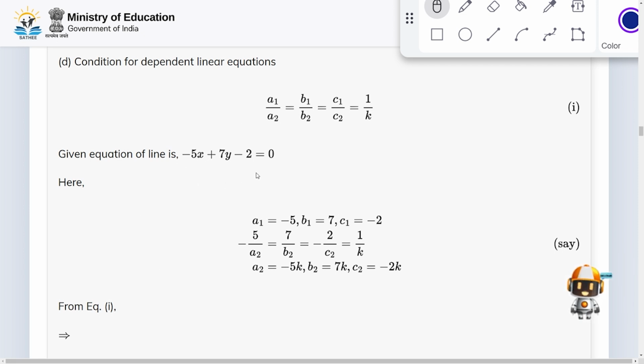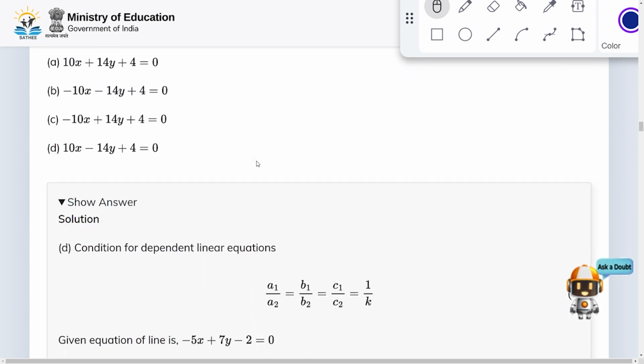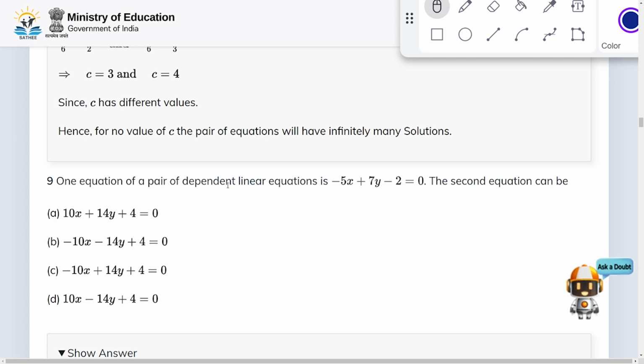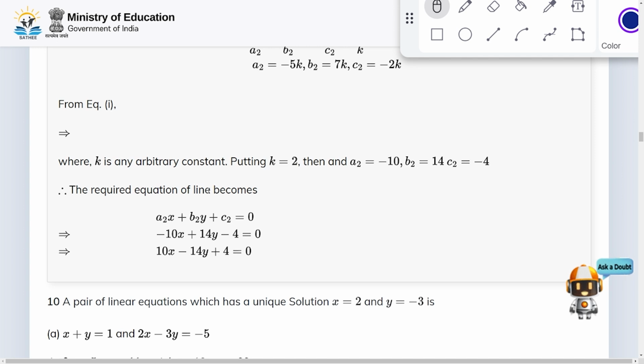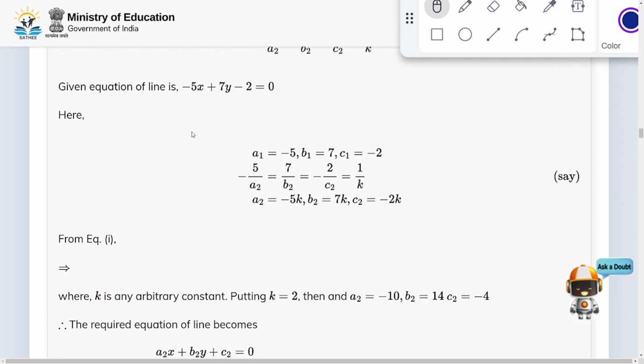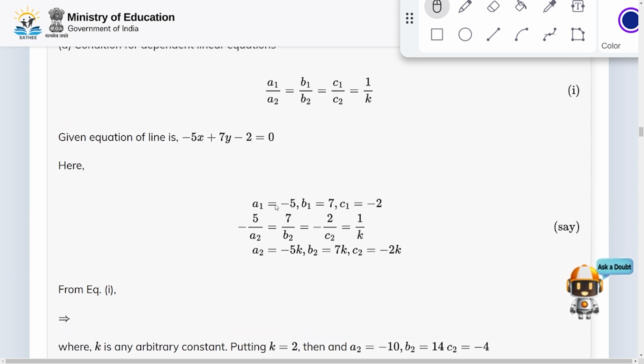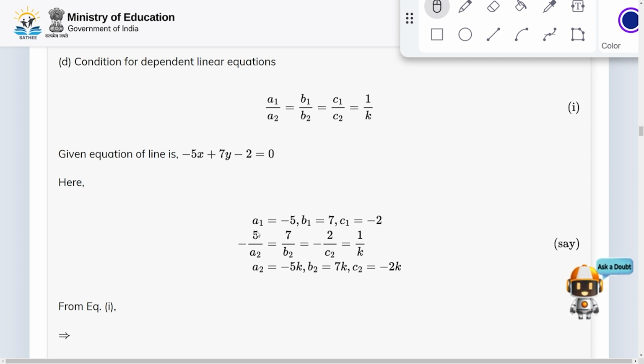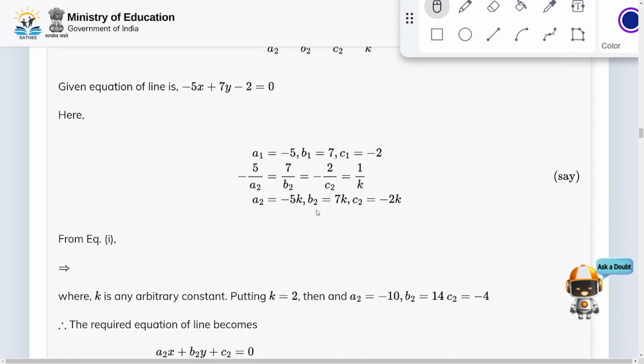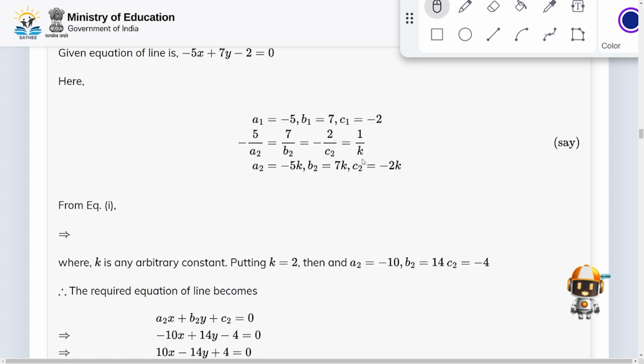Here a1 is equal to minus 5, b1 is equal to 7, and c1 is equal to minus 2. Now from this equation number 1, minus 5 by a2 is equal to 7 by b2, this is equal to minus 2 by c2, and this is equal to 1 by k. So a2 is equal to minus 5k, b2 is equal to 7k, and c2 is equal to minus 2k.